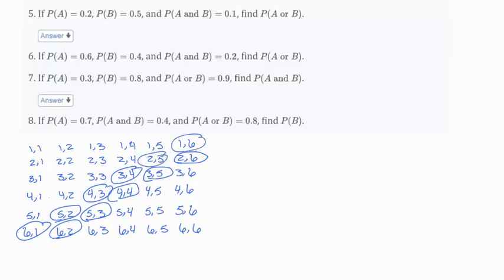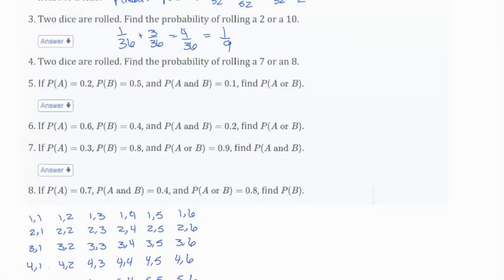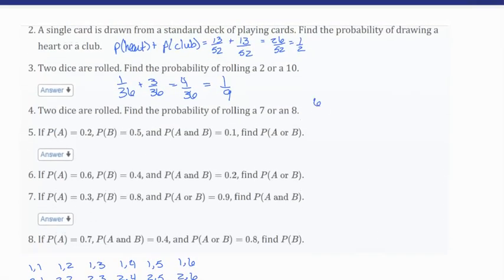There's 6 ways that I could get a 7 and 5 ways that I could get an 8. So there's 6 out of 36, that's the probability of rolling a 7. 5 out of 36 is the probability of rolling an 8, for a total of 11 out of 36.